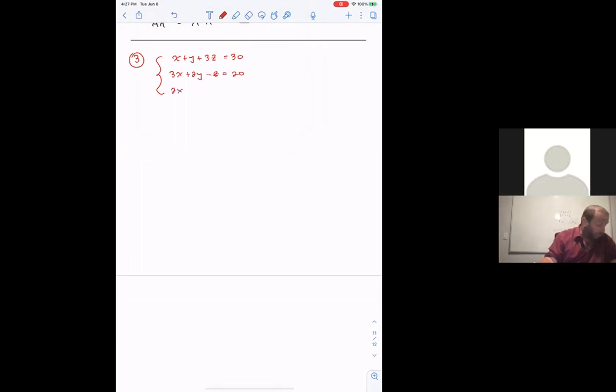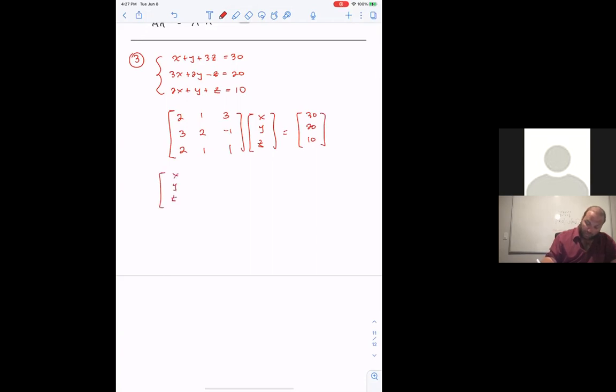And then 2X plus Y plus Z is equal to 10. This is equivalent to the matrix 1, 1, 3, 3, 2, negative 1, 2, 1, 1, times the unknown X, Y, and Z is equal to 30, 20, 10.